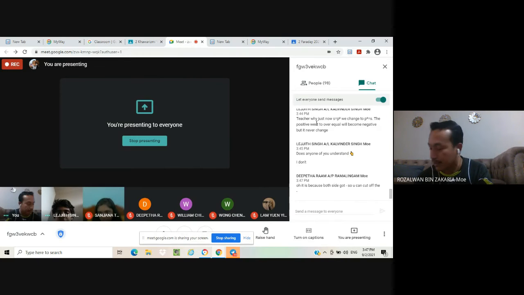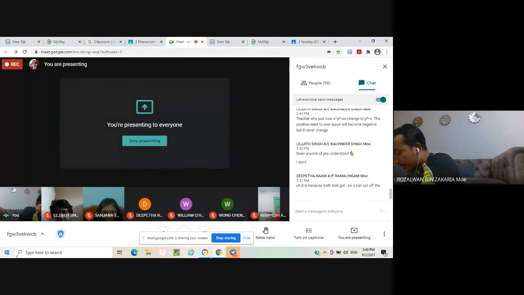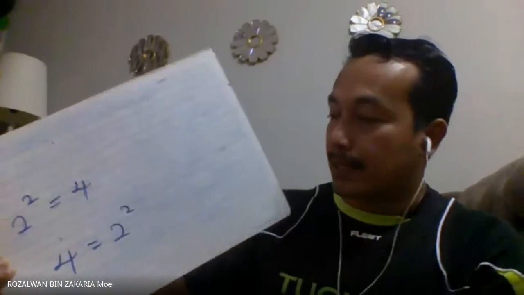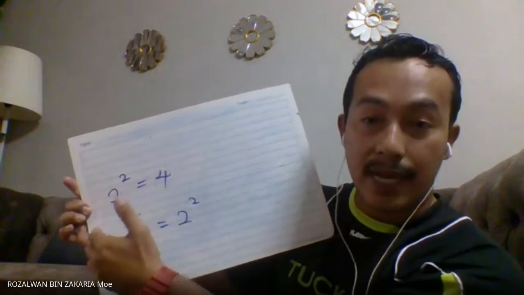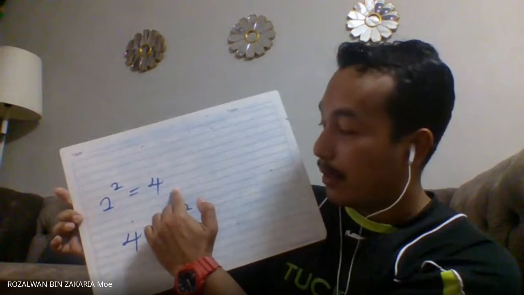It is actually the same. If I write 2 square equals 4, and then 4 equals 2 square. Legit, can you see this one? I take this as an example: 2 power of 2 equals 4.